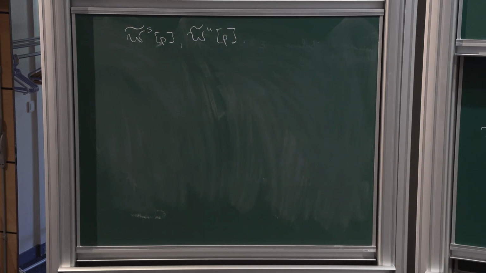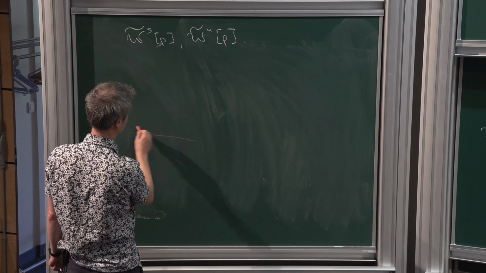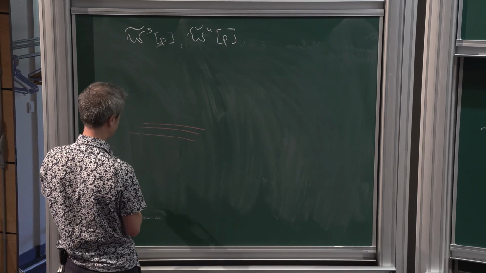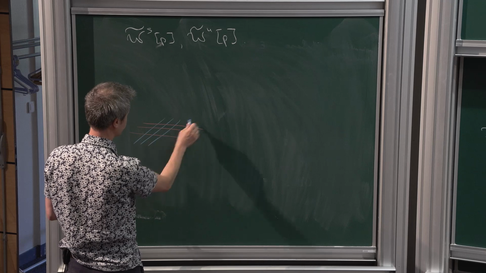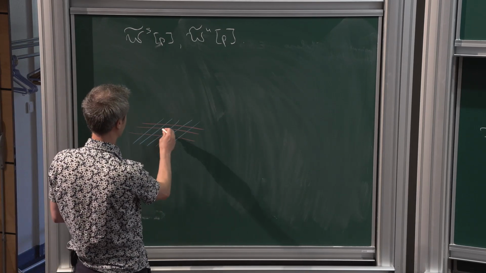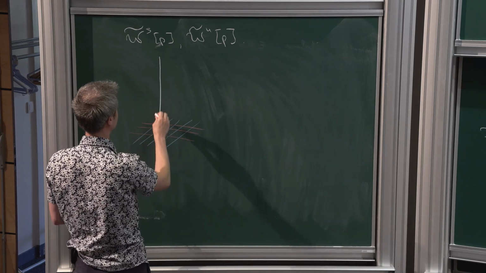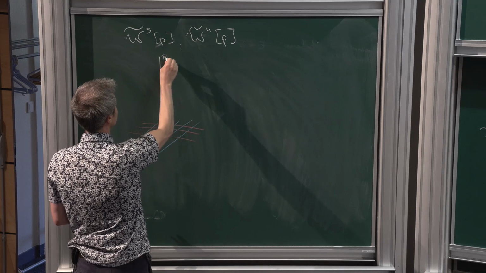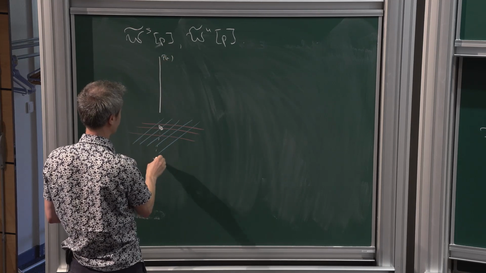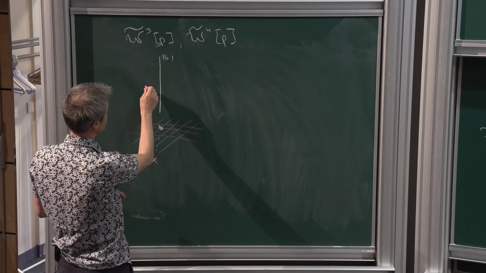And now we have kind of an interesting structure. So let's say that this is on the base, the stables and unstables. And now I take a fiber. This is my P of x. This is the point x. And so these manifolds from the bottom, they lift.